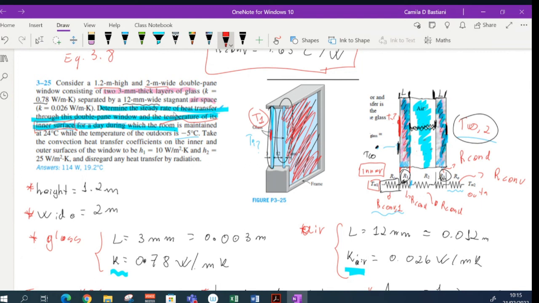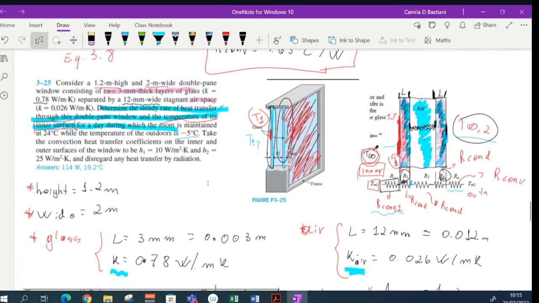What resistance is involved in here? Just my convection resistance, right? Between this air here and the temperature of the surface here. Okay, so I just have convection between this internal surface and my temperature of the air.